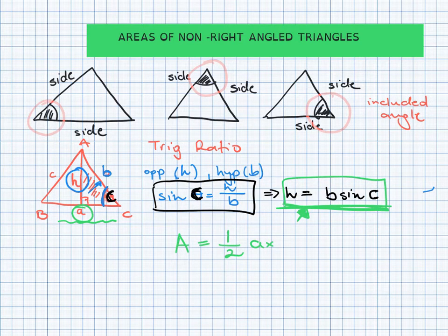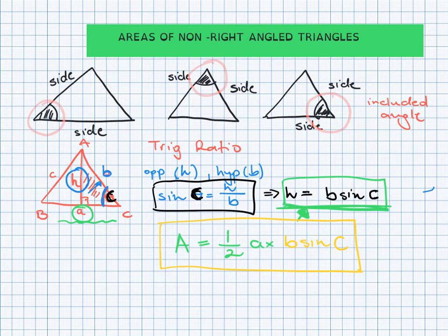Instead of height, we're going to write B sine of angle C. So this is the area formula that is used to calculate the area of a non-right angle triangle.